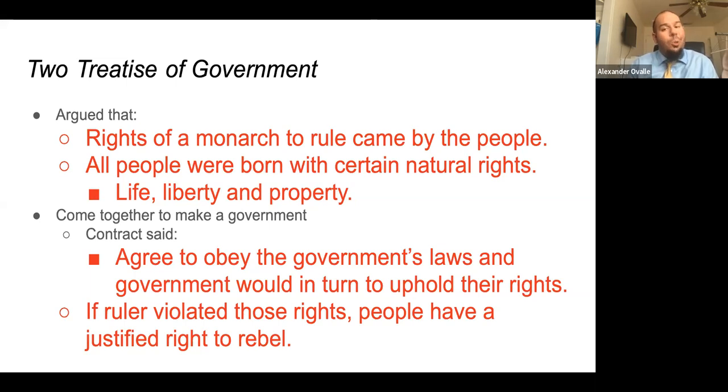In this social contract, the people agree to obey the government's laws, and the government would in turn uphold those people's rights: life, liberty, property. If a ruler violated those rights, people have a justified right to rebel.